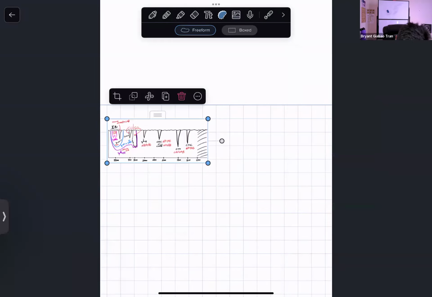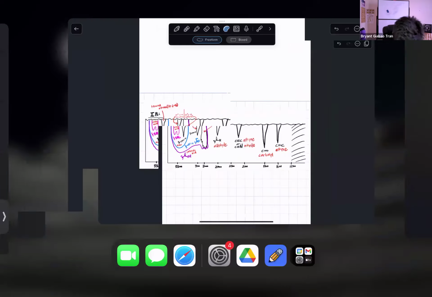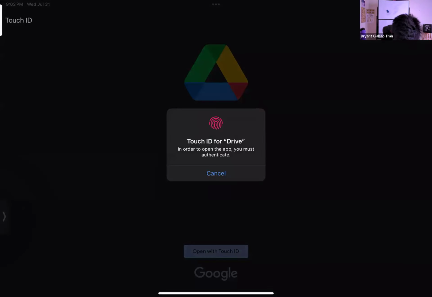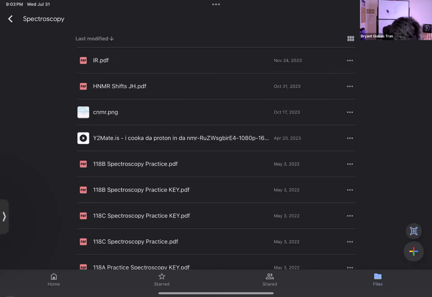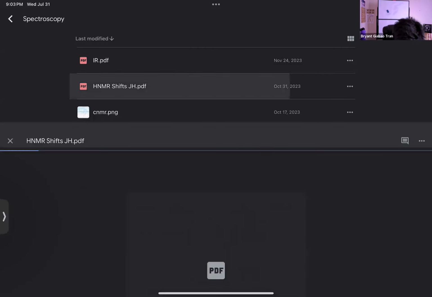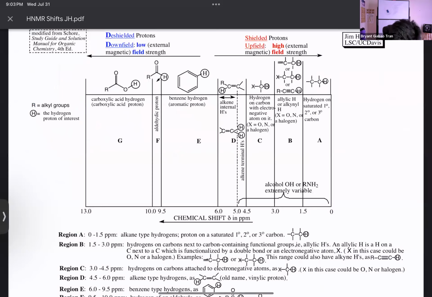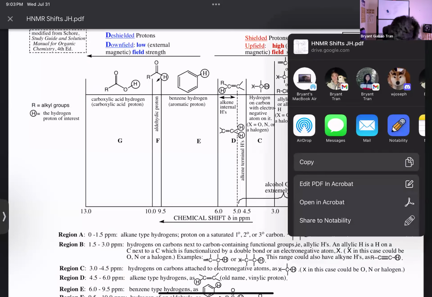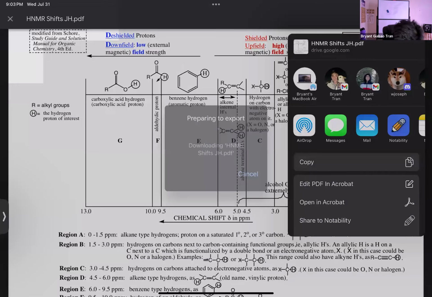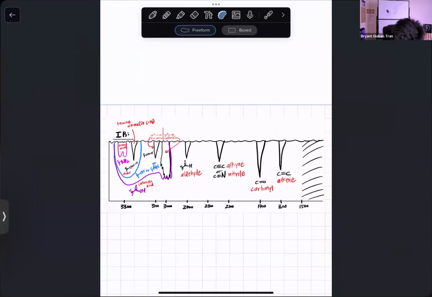And for HNMR, there are ranges of ppm that you have to be familiar with, which this is a good chart for. But I could go over this in more detail when I import this into here.